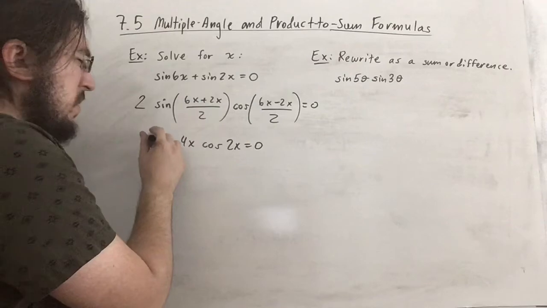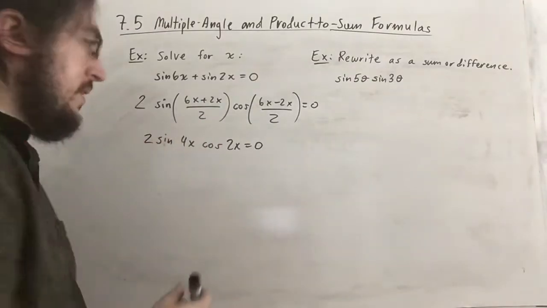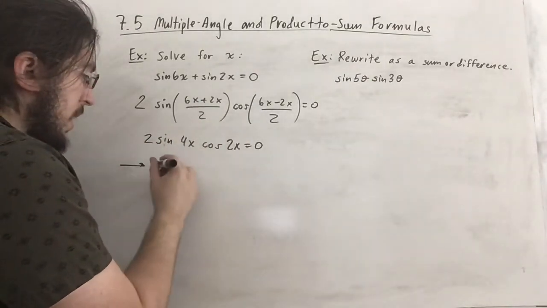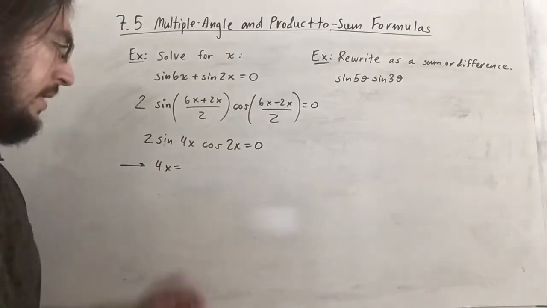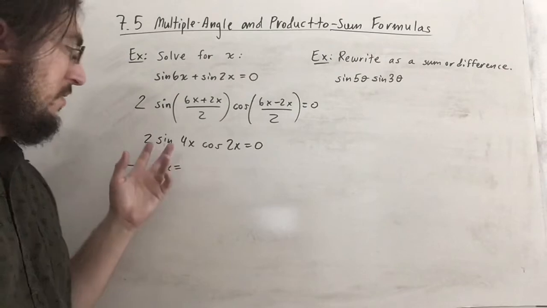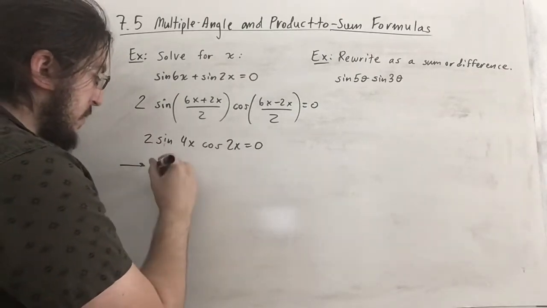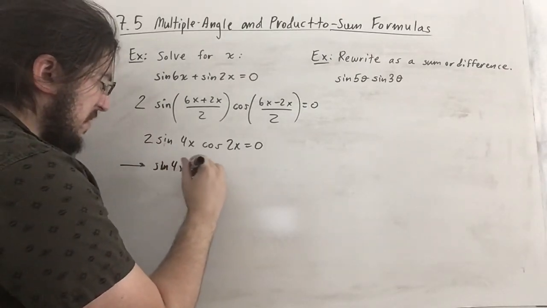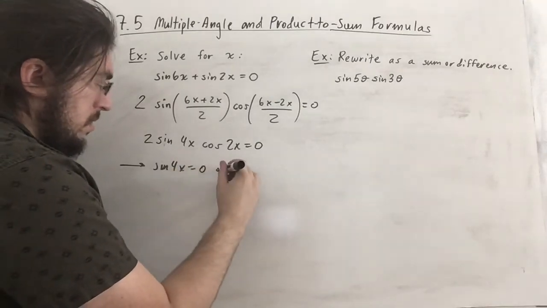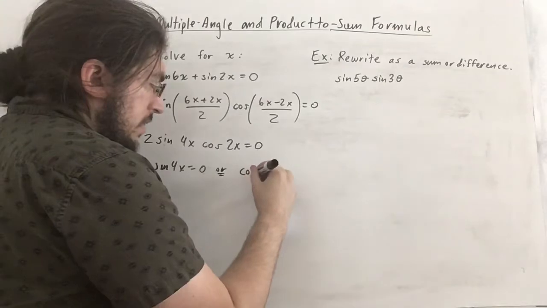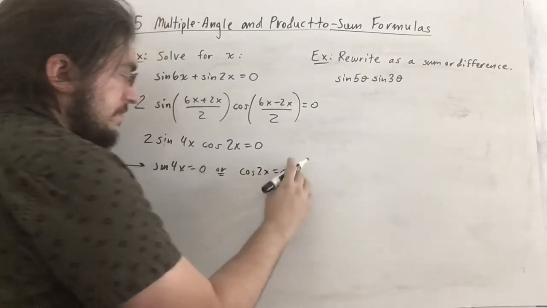And again, there was a 2 in front, but if you divide by 2, it doesn't make a difference in the equation. So either sine of 4x is equal to 0, let me write that, sine of 4x is equal to 0, or cosine of 2x is equal to 0.